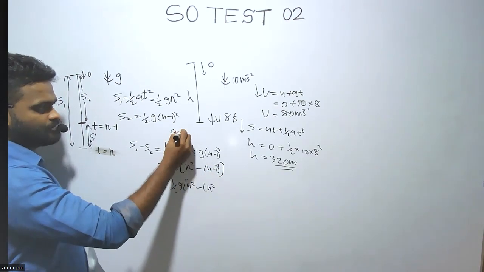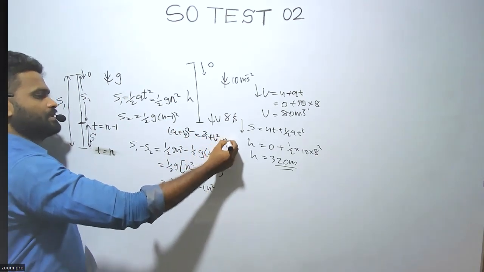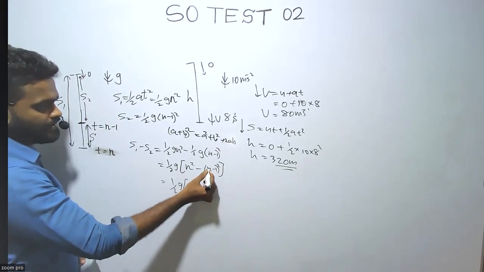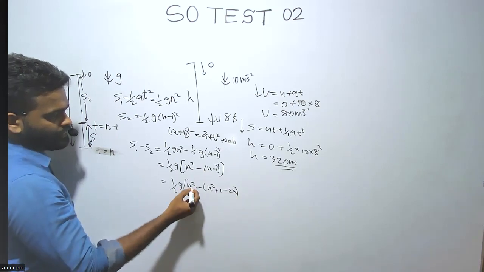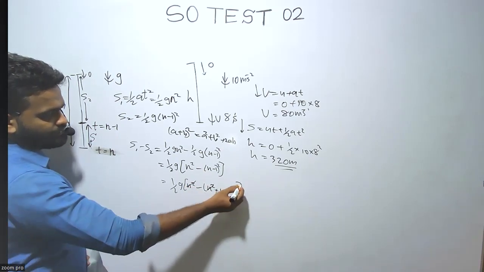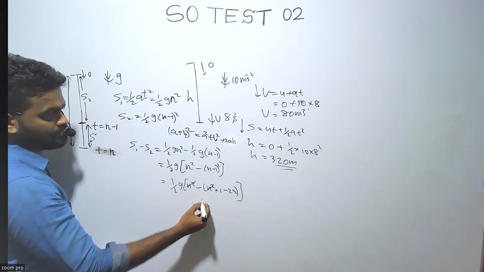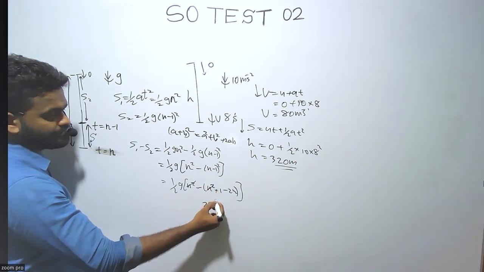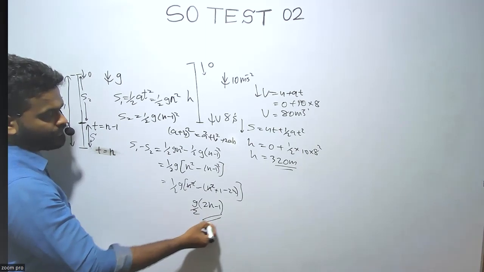(n minus 1) squared is a minus b squared, so a squared minus 2ab plus b squared. So this is n squared plus 1 minus 2n. n squared minus n squared cancels off. Minus minus plus, 2n minus 1. Right?